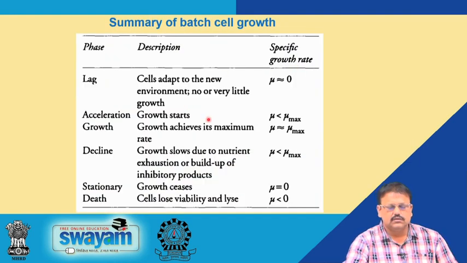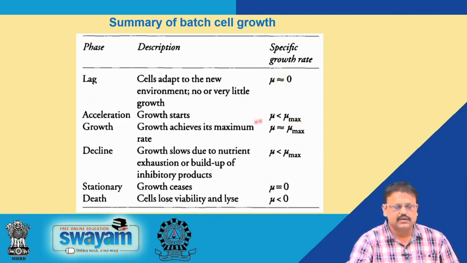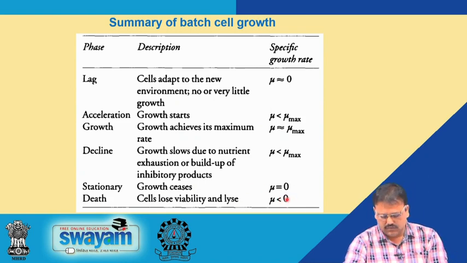These different mu conditions are tabulated here: in the lag phase mu equals 0, meaning no growth; in the acceleration phase mu is below mu max; in the growth phase mu equals mu max, the maximum growth observed; the decline phase again reduces; the stationary phase has mu equal to 0; and in the death phase it is less than 0.